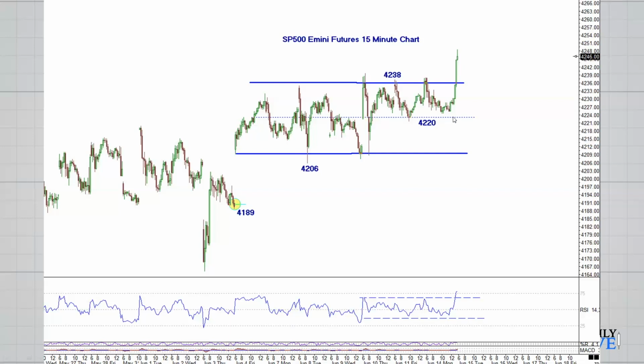Now, a lot of times when you can see this type of price behavior, that can give you an early indication as to a direction. Down here, again, yesterday, there's a little A, B, C, D buy pattern on a test of that 4220. And then in the afternoon, the market broke to the upside. So now that also makes the 4220 an area of support to be keeping an eye on.